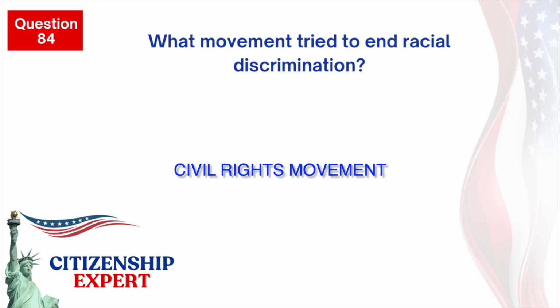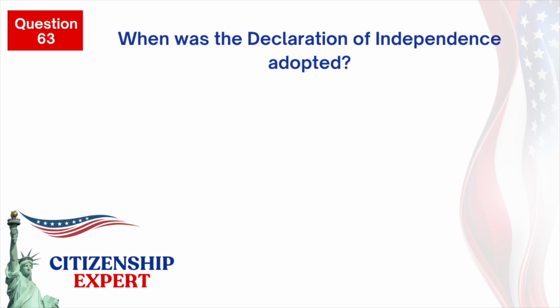Civil rights movement. When was the Declaration of Independence adopted? July 4, 1776.